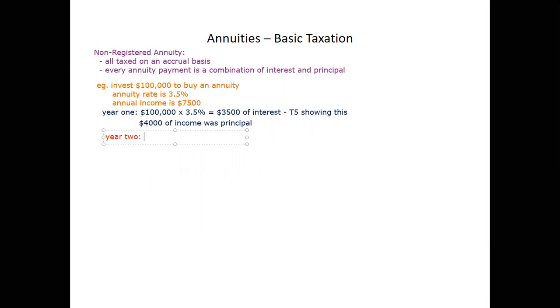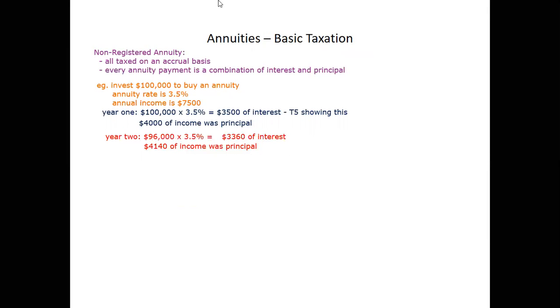So year two now, you've got $96,000 times 3.5%. So now you'd have $3,360 of interest income, and a little bit more principal: $4,140 of income was principal. And it's just going to keep going like that.